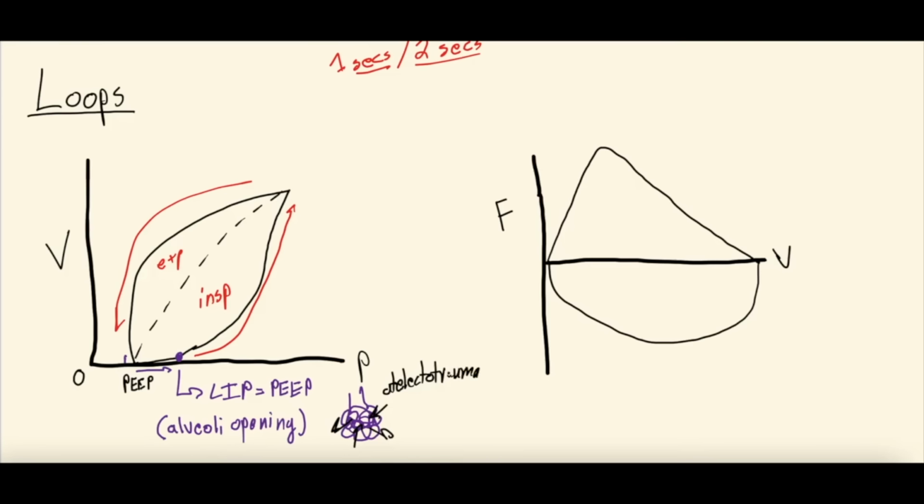But this lower inflection point is when the pressure has to ramp up before the volume starts to change. And again, in a perfect world, it would be equivalent to your PEEP, because that is where the alveoli are perfectly distended, not over distended, not under distended. The lower inflection point is the pressure where the PEEP is just right for those alveoli to stay open.